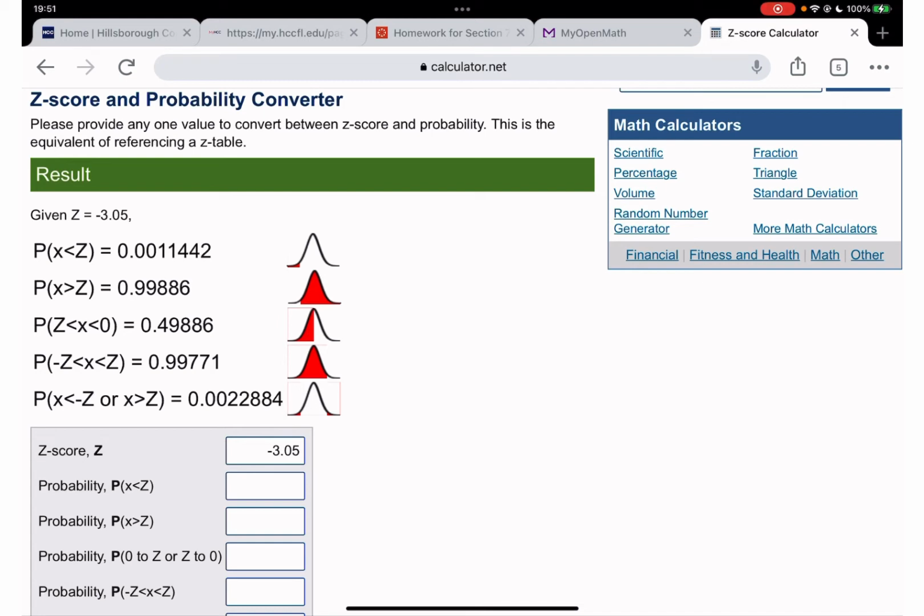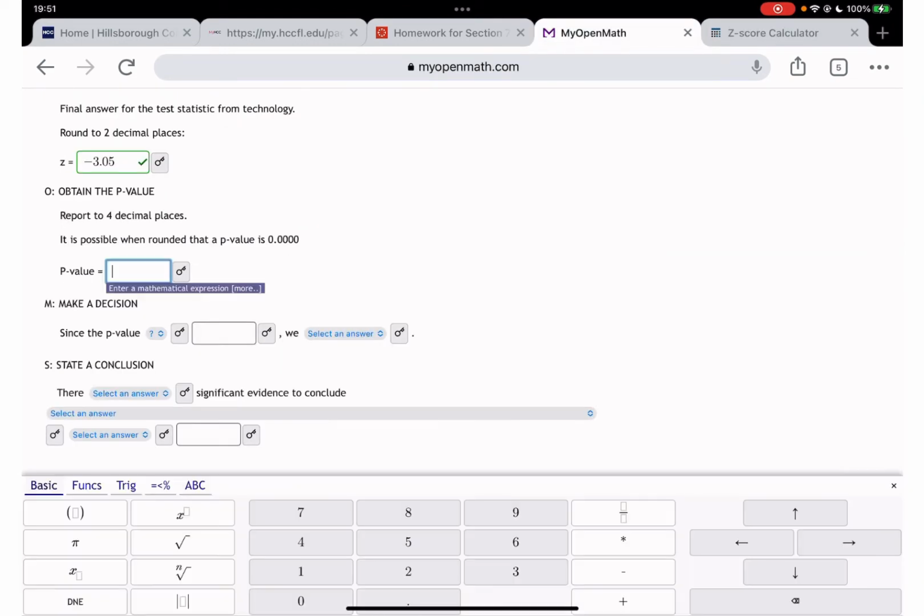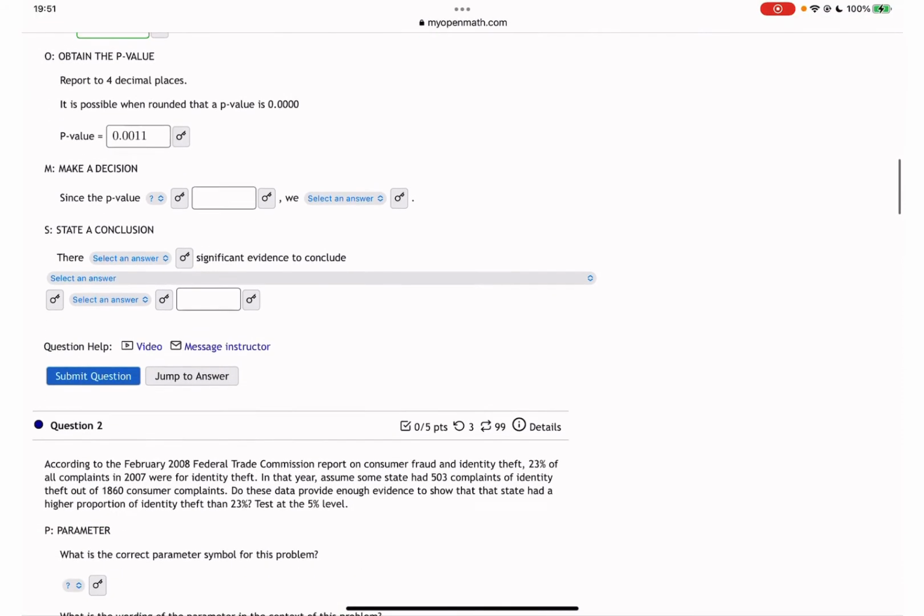We are getting 0.0011. Okay. Four digits, 0.0011. Okay. Now we need to make a decision.